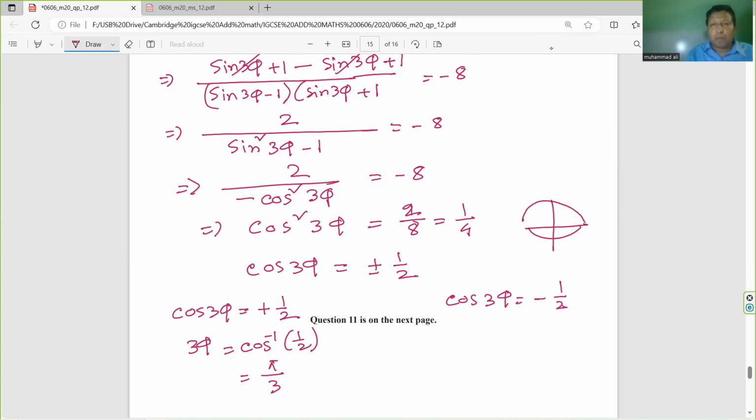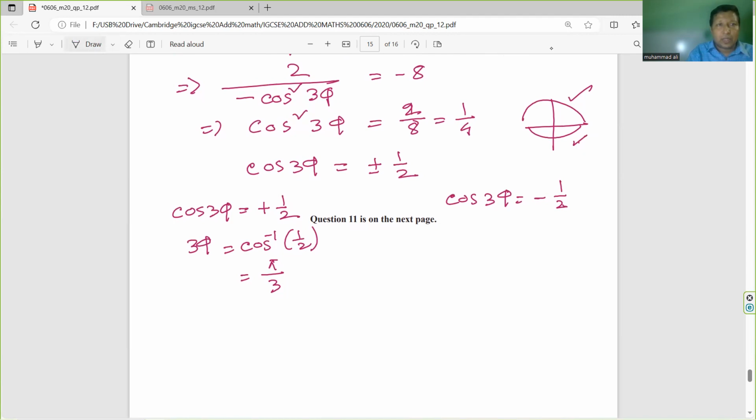Cos is positive only in the first quadrant and also the fourth quadrant. But the fourth quadrant result we have to write as negative because the interval is in the negative. So 3 phi equals pi by 3 when you count 0 to pi, but when you count minus pi to 0, the result will be minus pi by 3.